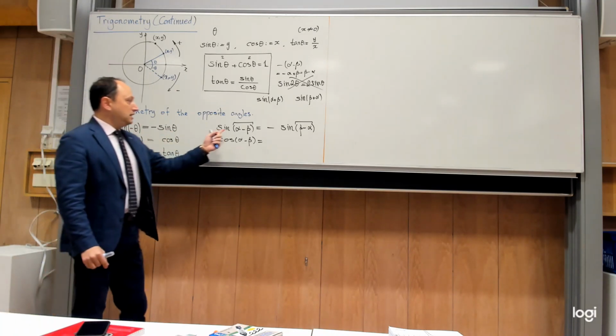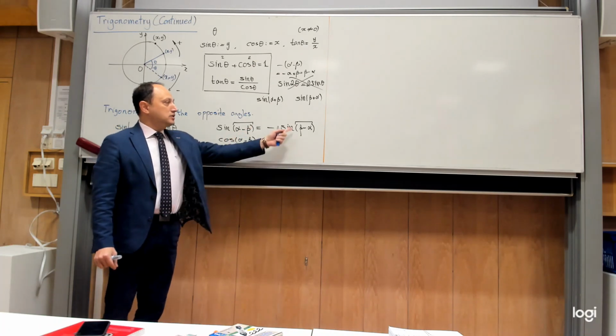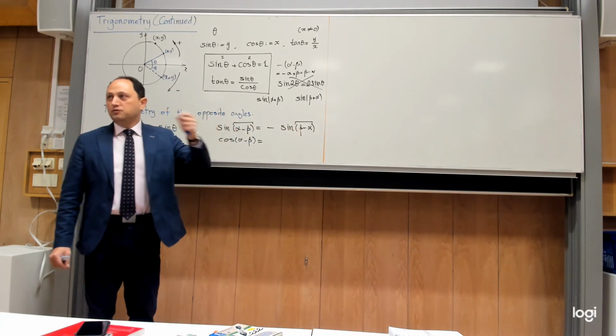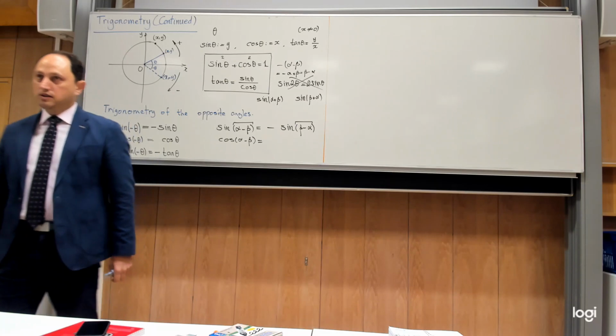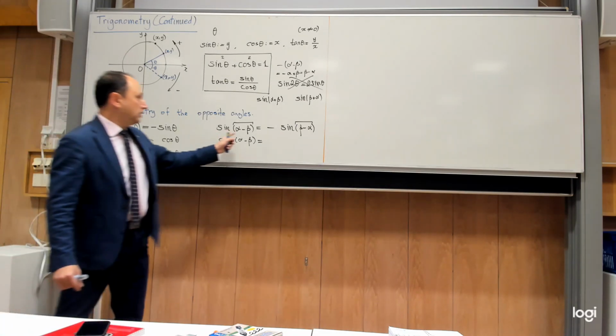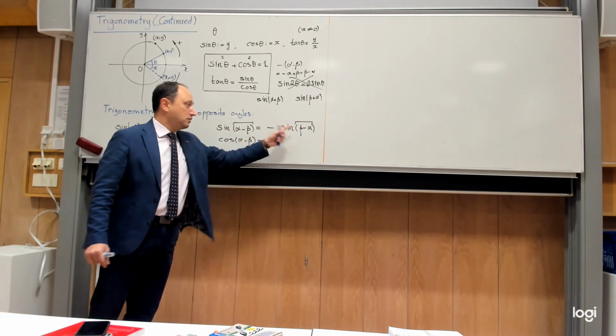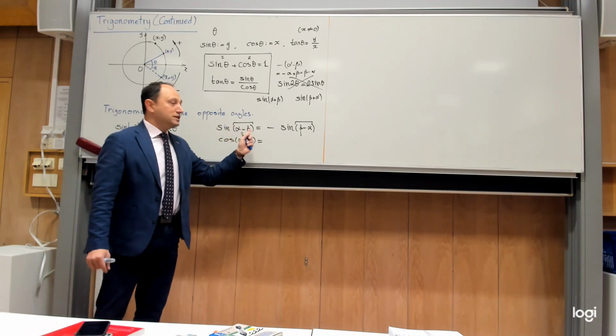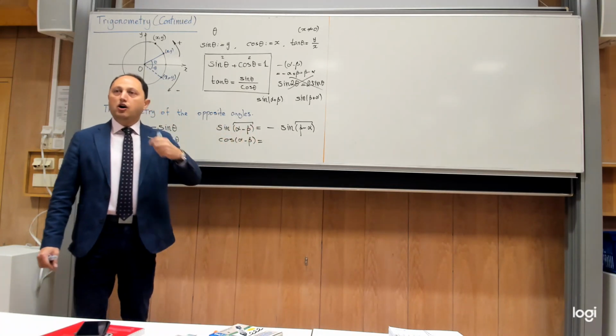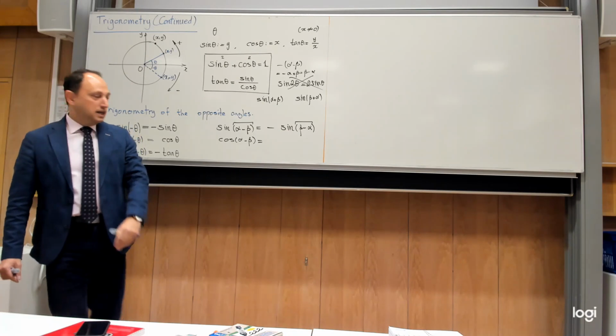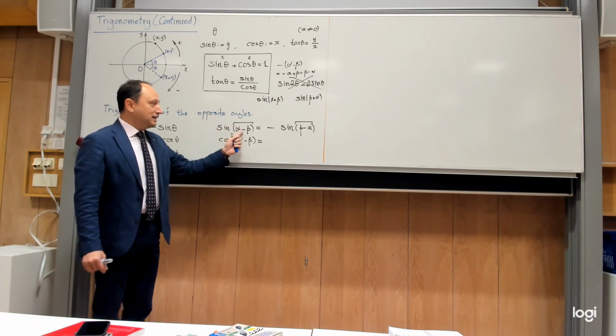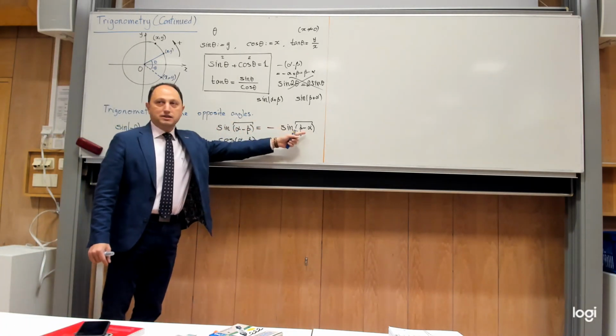So now I am telling you that alpha minus beta and beta minus alpha are also opposite. Why? Because if I add them, what is the sum? 0. Alpha and minus alpha will cancel out and beta minus beta will cancel out. So alpha minus beta and beta minus alpha are opposite angles. And the sine of an angle is minus the sine of its opposite.